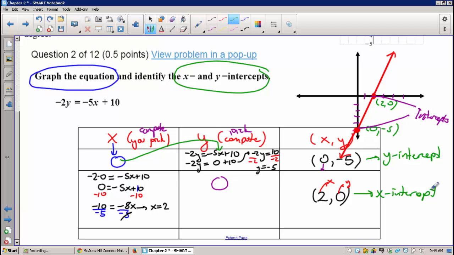I told you, if we set x into 0, the y value you got turns into y-intercept. This is y-intercept. If you set y into 0, the x value you obtain is your x-intercept. So I knew this, that's why I like to put 0 in the x and y.